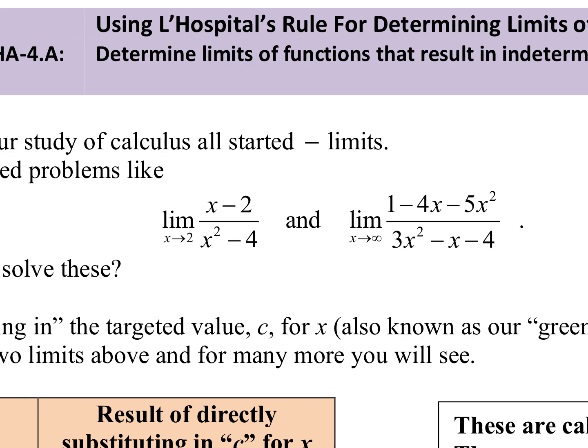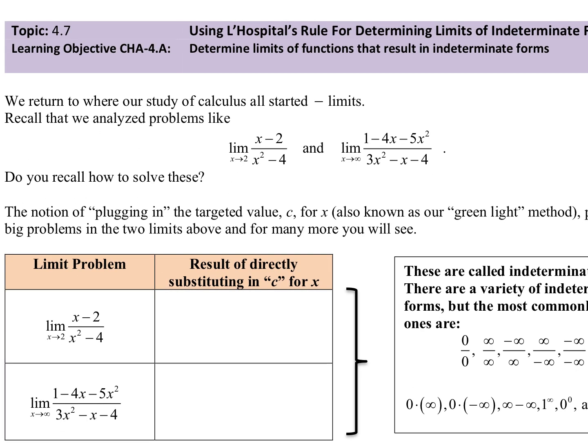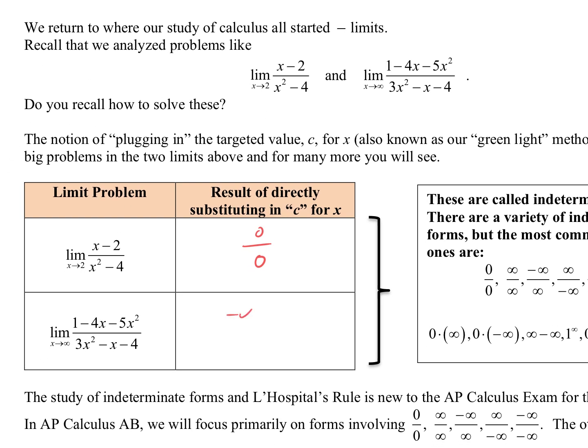And it's negative because it's a negative 5 x squared. So the x is positive infinity and it's squared to give us a positive infinity, but it's times a negative, right? And then on the bottom, you'll get a positive infinity.